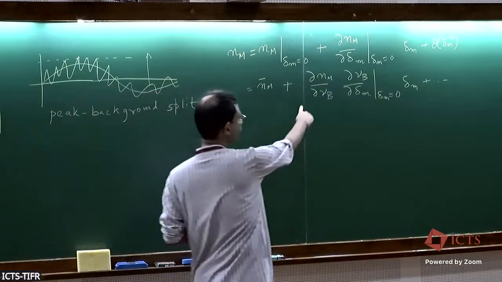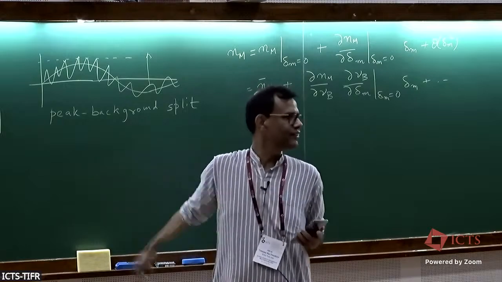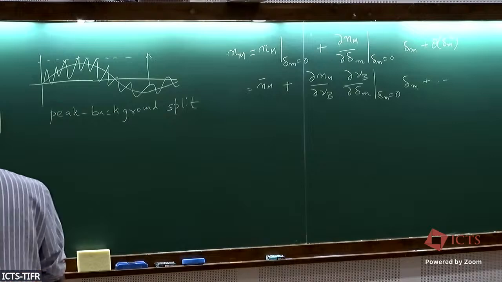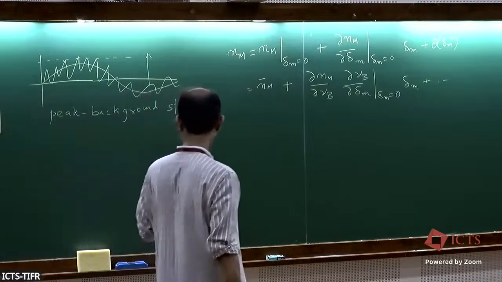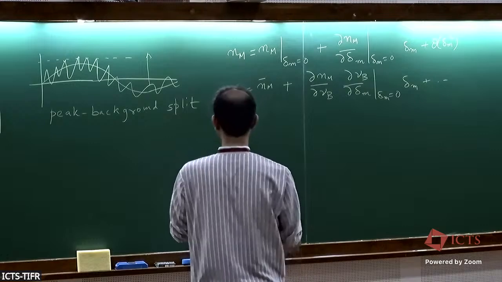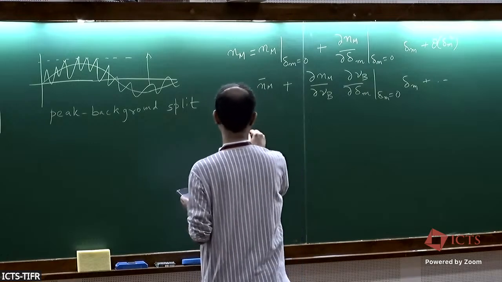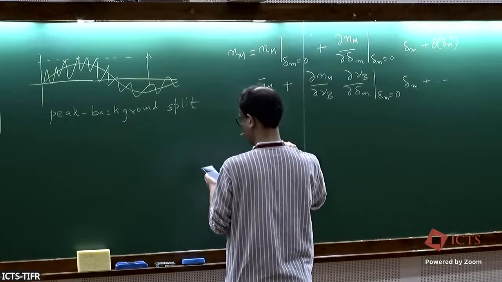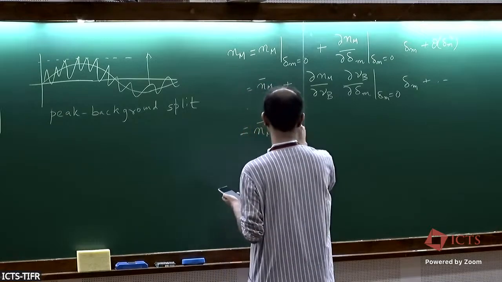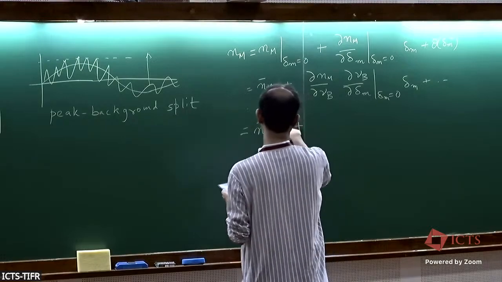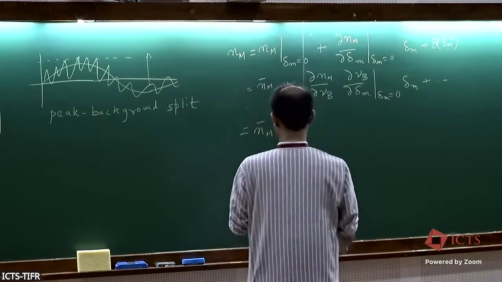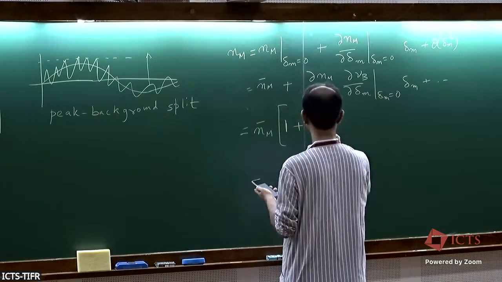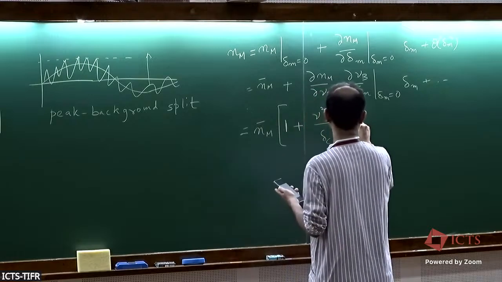Now this derivative you can calculate just from looking at that expression. It's all given there. There are some steps involved, so let me just go to the final step. It is Nm bar times 1 plus, so 1 is the first term, the second term is nu square minus 1 by delta c into delta m.